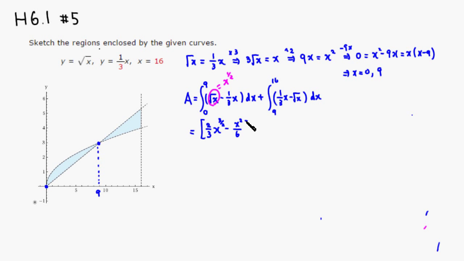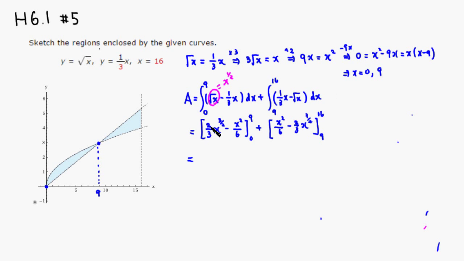Then you're going from 0 to 9. Plus, we have the antiderivative x squared over 6 minus, same thing, 2/3 x to the 3/2 power, going from 9 to 16.